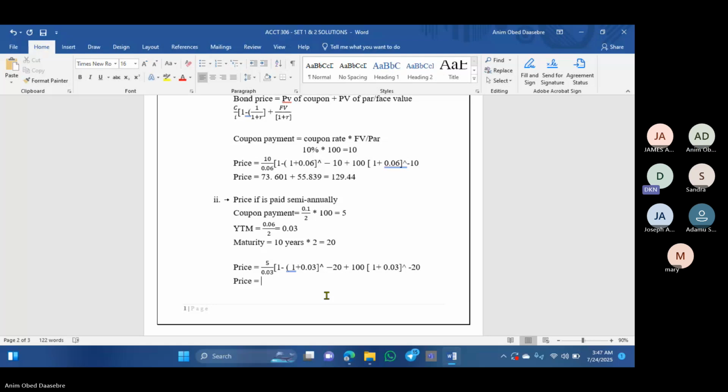The annuity, the first one is 74.39, 70.39.